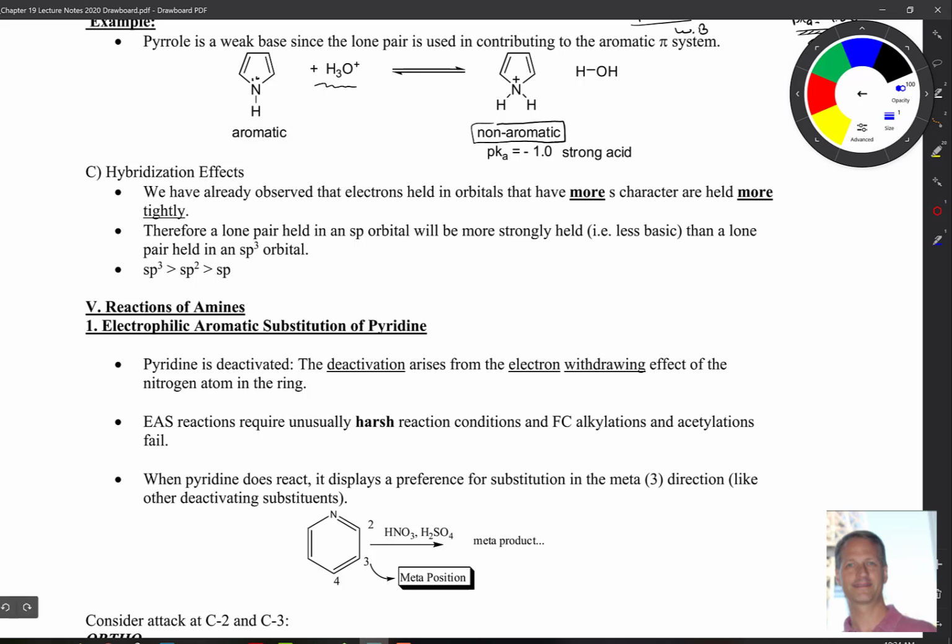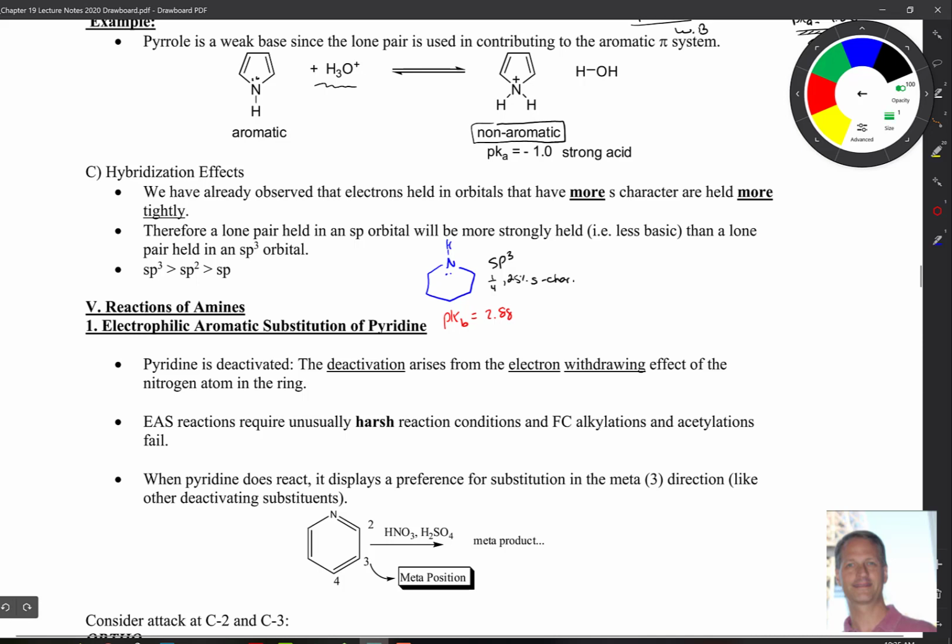So if we look at a little trend down here below, here we have a ring with nitrogen in it, lone pair, and H. So that nitrogen is sp3 hybridized. So what percent s character is that? It's 1/4 or 25% s character. And then let's talk about pKb's here just to change it up a little bit. So the pKb of this is 2.88.